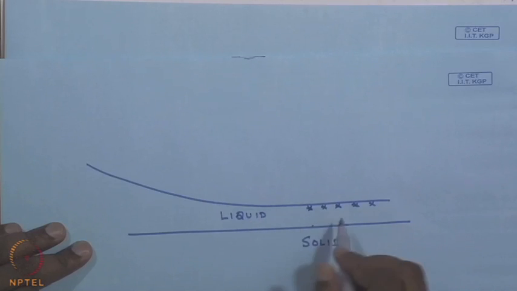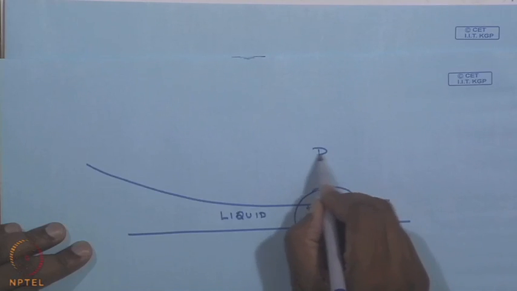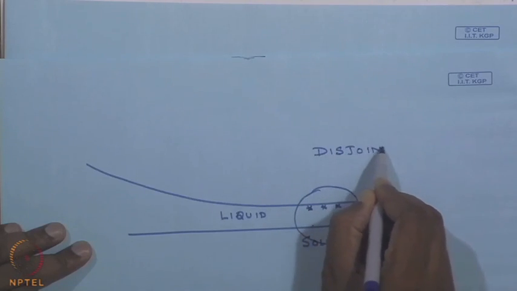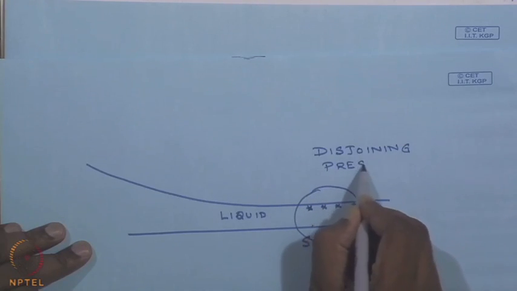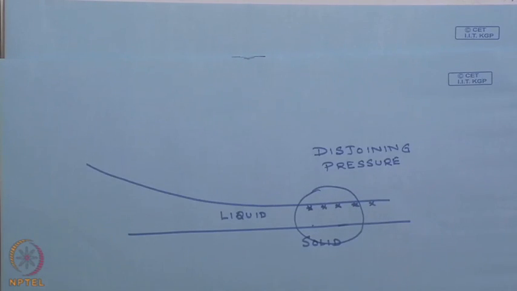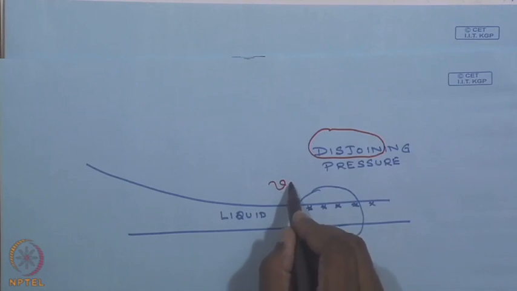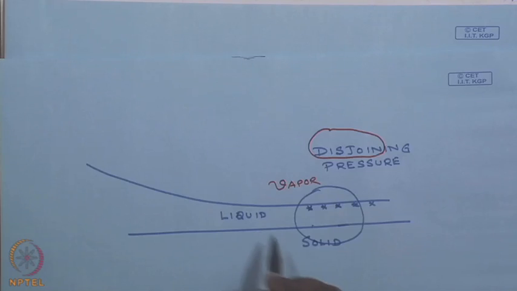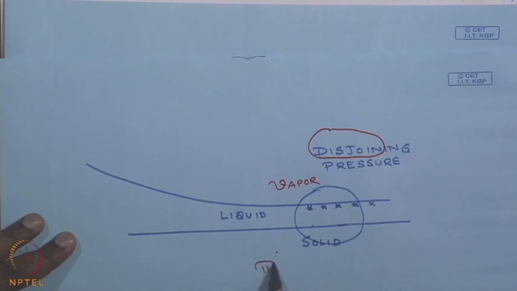This attractive force, when expressed in terms of pressure, is termed disjoining pressure. The name disjoining pressure came from the fact that the interactive force disjoins the vapor from the solid by introducing a liquid film in between. So, this is called the disjoining pressure, and it is expressed as a function of the film thickness.